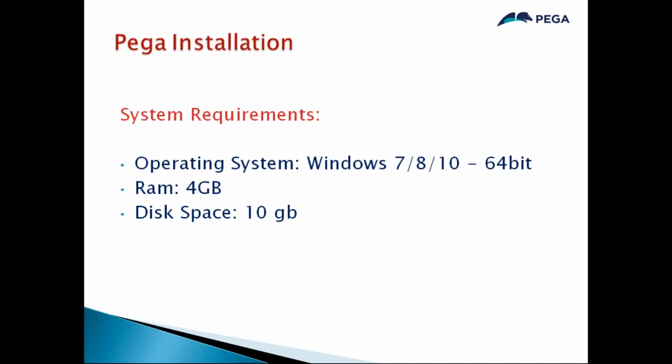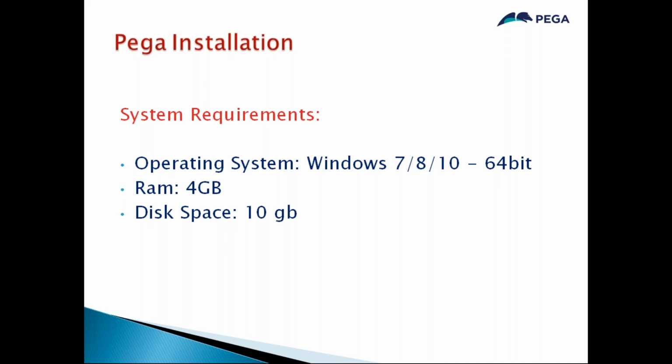And another thing: in order to install Pega, Pega has two editions. In companies they use the enterprise edition, and if you want to install the application on your local system, they give a home edition or personal edition. But in both the personal edition and the enterprise edition, the look and feel options are the same.